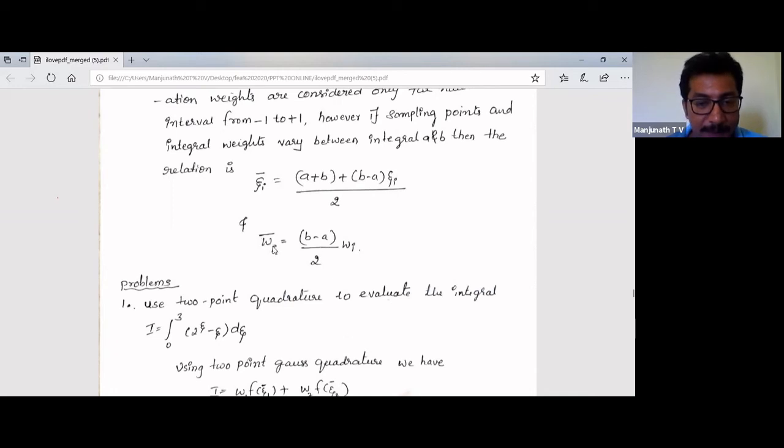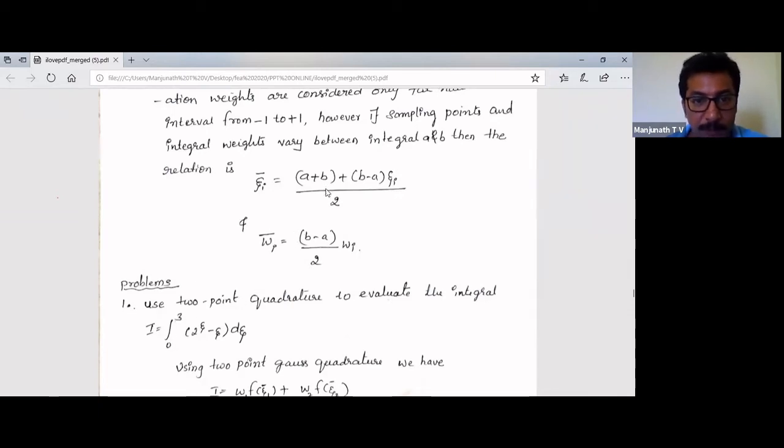And to calculate the weights W1, W2, we have the equation like this: W I dash is equal to (B minus A) divided by 2 into WI. These two equations we are going to use to calculate zeta1, zeta2, and W1, W2 if the integral varies from A to B.